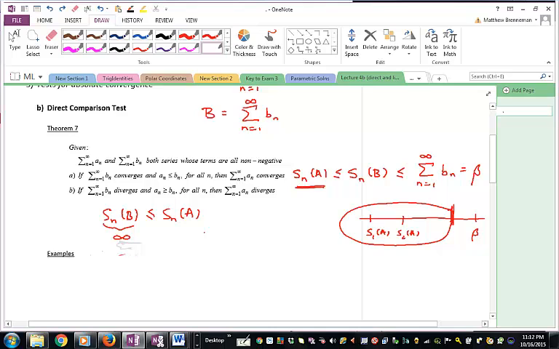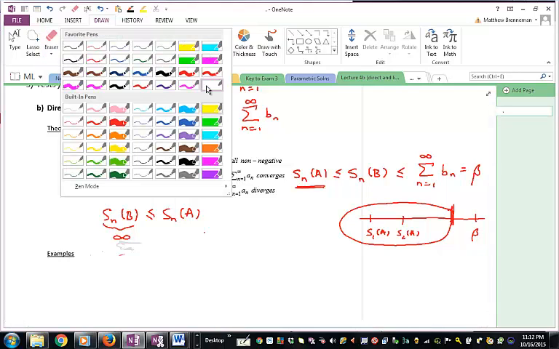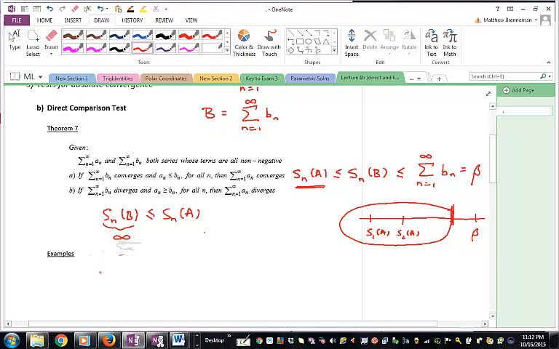Let's look at an example where maybe we have something like this series first, where we're going to have a summation from n equals 1 to infinity of 1 over 5 times the square root of n minus 1.